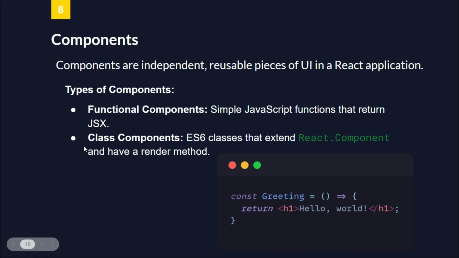With recent updates, functional components is what the majority of developers use these days. Though we might still see some developers making use of class components. It's totally fine, but the majority of developers now use functional components.